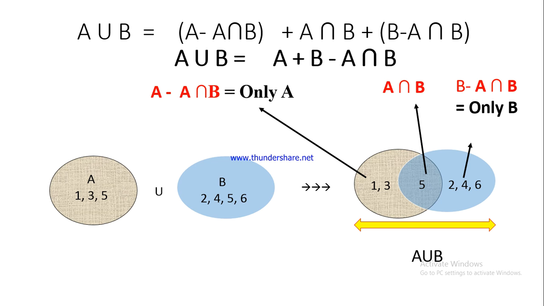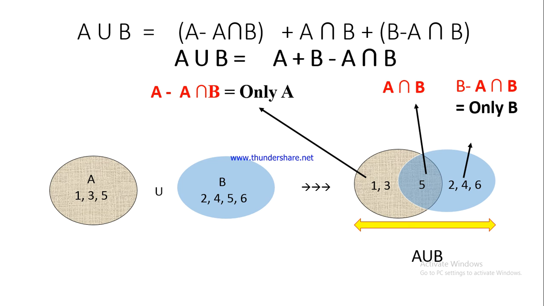And when we add them up, A minus A intersection B plus A intersection B plus B minus A intersection B, then we get A union B, and that is what has been shown in the first line here. The first portion is A minus A intersection B, second is A intersection B, and third one is B minus A intersection B. So we are adding them all to get A union B. Now when you further simplify this, the minus A intersection B and plus A intersection B cancel out, and what are we going to be left with?